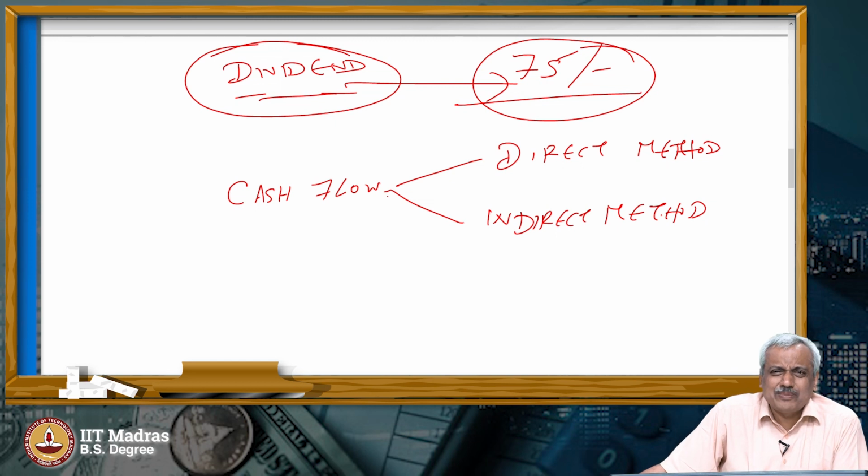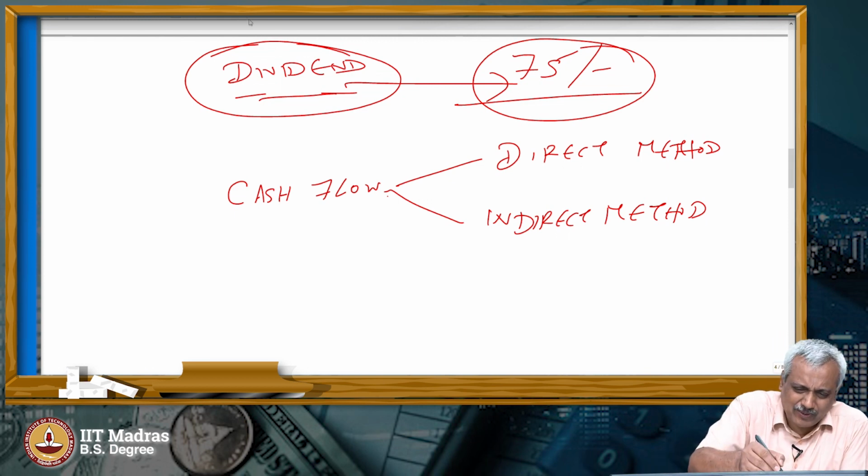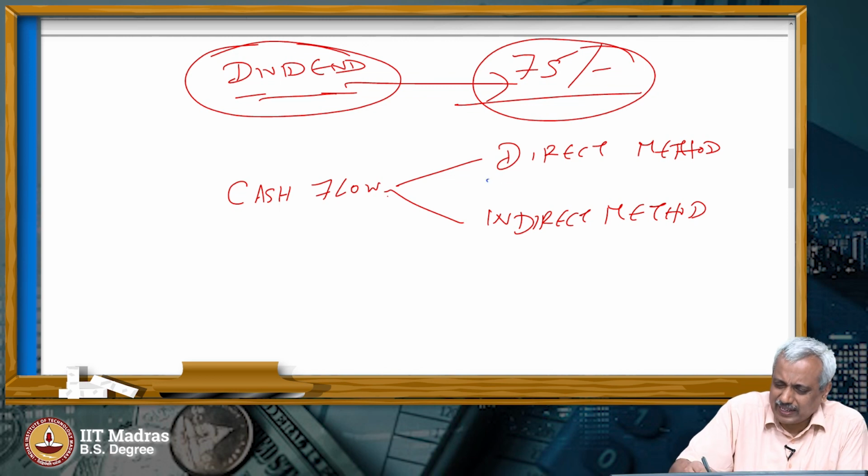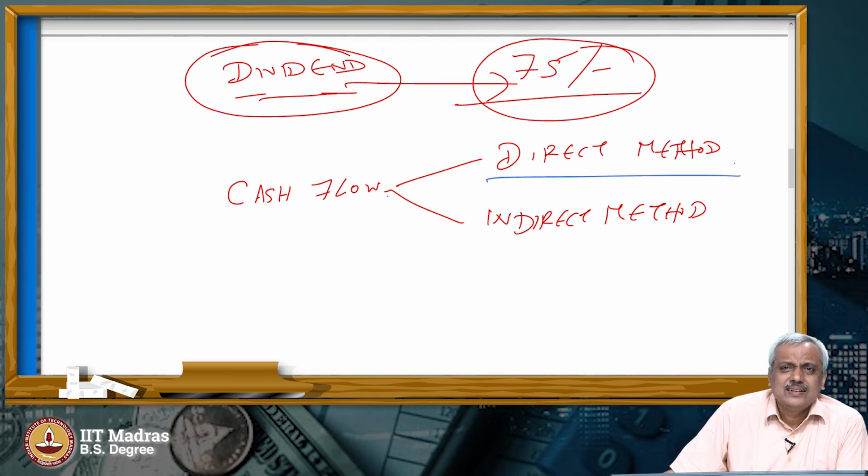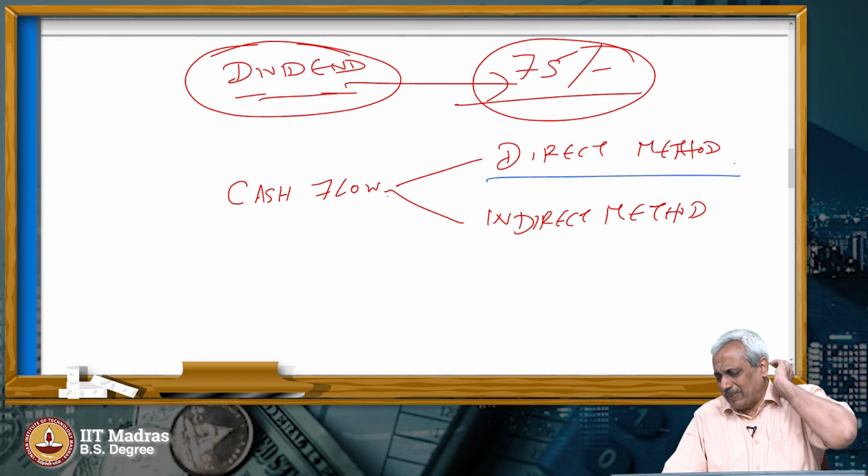Now, what is this direct method, indirect method? Isn't it confusing? No, it is not confusing. Simple. Let me first explain what a direct method is, and then I will come to the indirect method. Direct method is, you have a record of whatever cash coming in, cash going out directly, and you record it. For example, I receive money from the sale that I made last year.